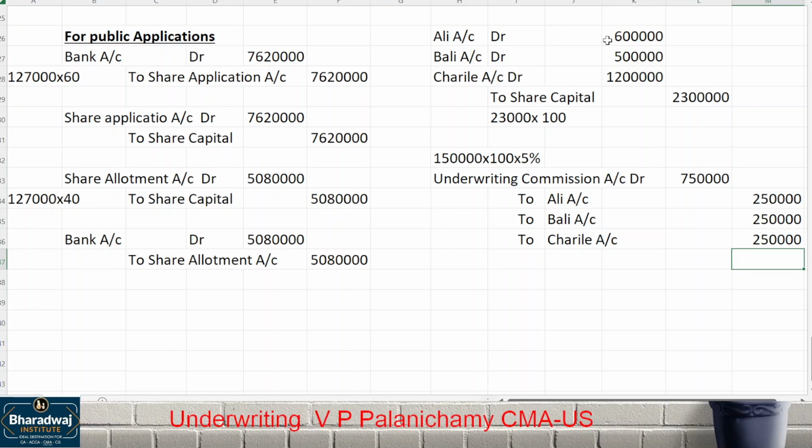And they have to pay the net amount. Simple. From each of them, deduct this amount and collect the money. They will pay the money to the company.